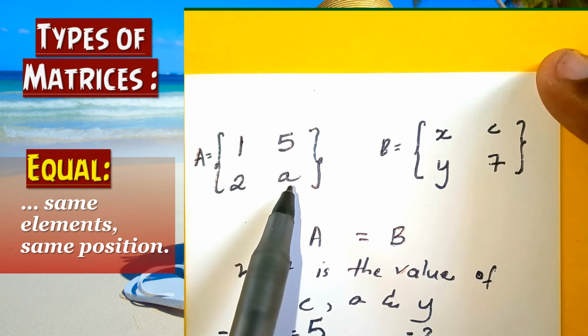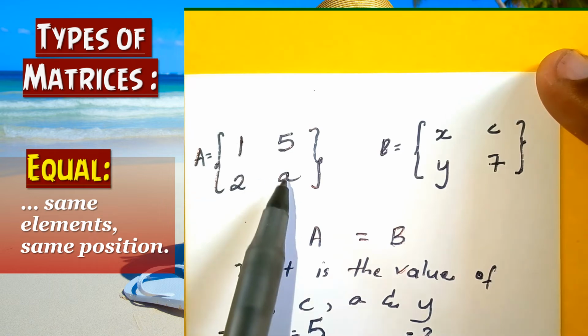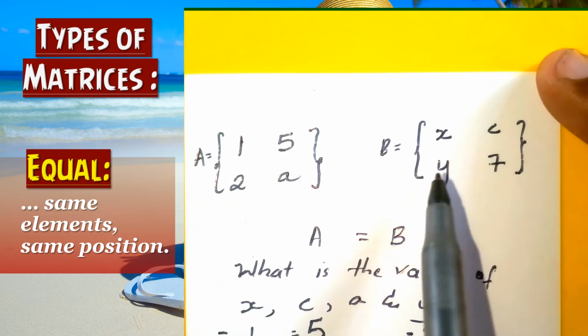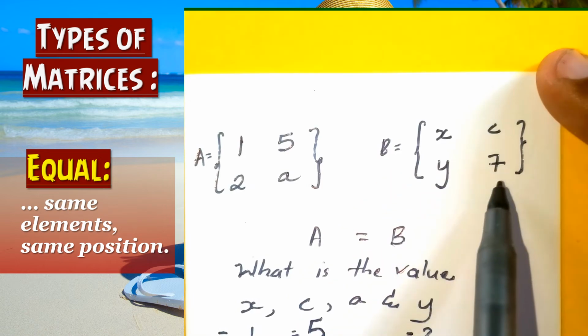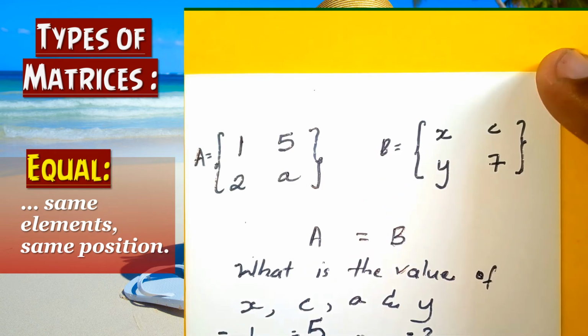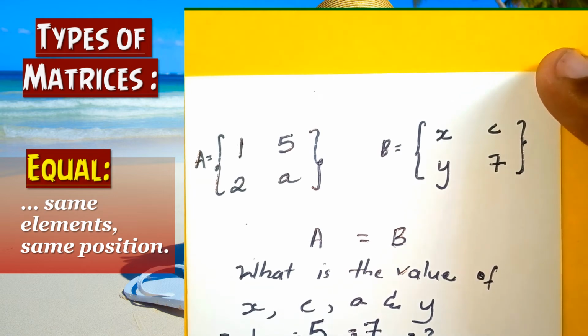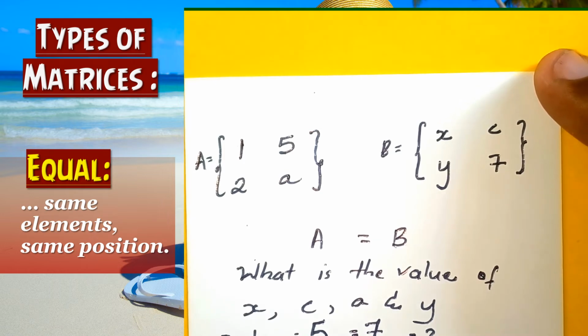A in matrix A is in row 2, column 2. So I need to look for row 2, column 2, which is 7 in matrix B. So the value of A is 7. So equal matrices have the same elements in the same exact positions.